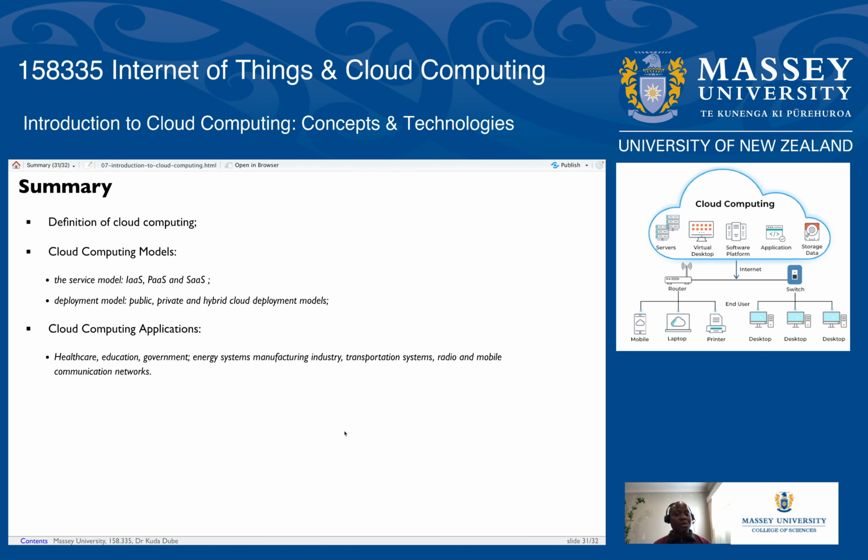We also looked at deployment models for the cloud, which are public, private and hybrid cloud models. And finally, we looked at cloud computing applications, where we outlined possible uses of the cloud services in healthcare, in education, in government, energy systems, manufacturing industry, and so on and so on.